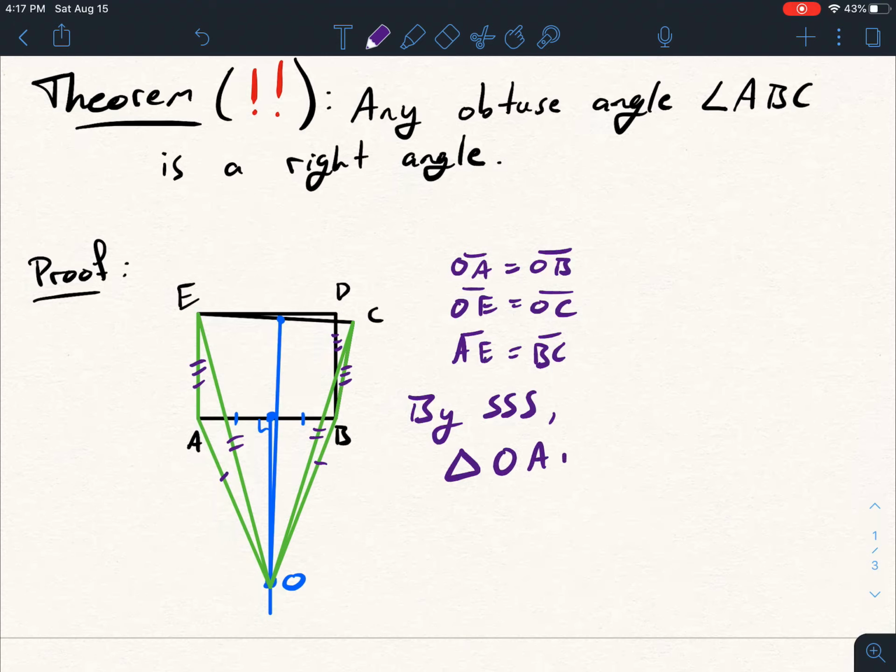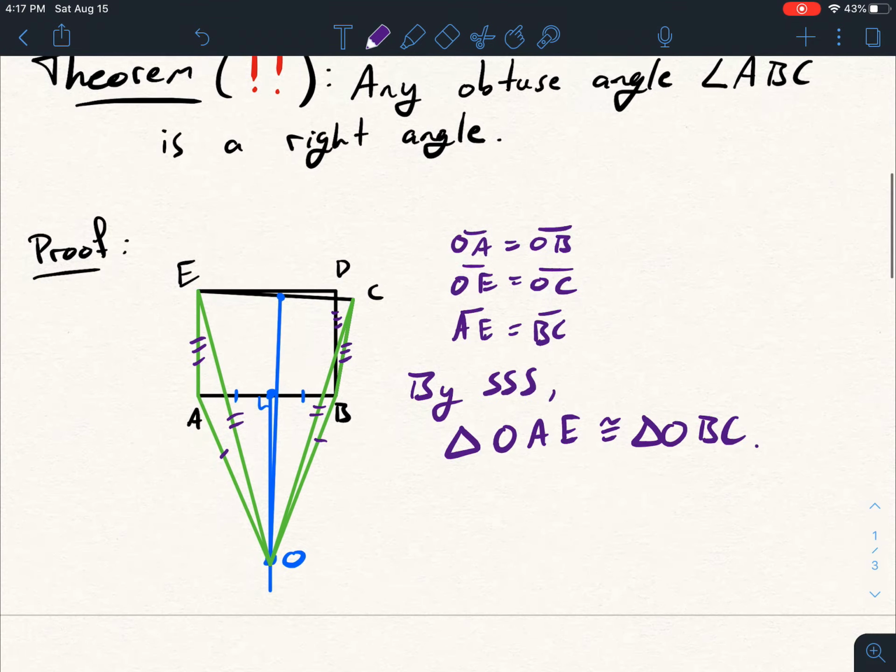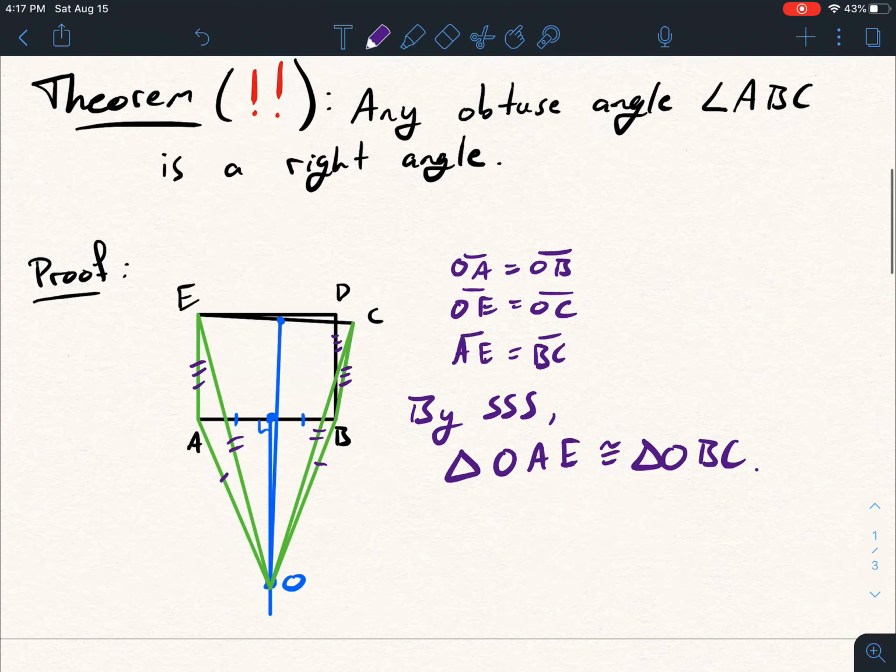I get that triangle OAE is congruent to triangle OBC. So these are congruent triangles, so all of their sides and angles are all equal. Okay. So far so good. I haven't come up with any obnoxious contradictions yet.